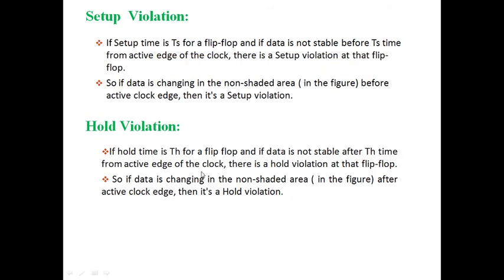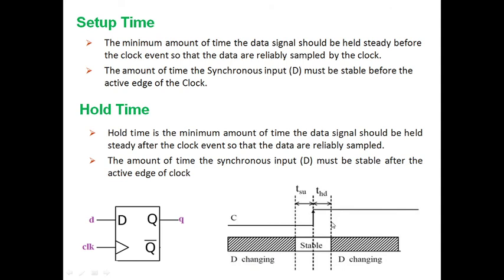Similarly, what is hold violation? The hold duration is THD, and during this time the data of a flip-flop should not change. If the data is changing in this non-shaded region, that is after the active edge of a clock, then my circuit has undergone a violation.